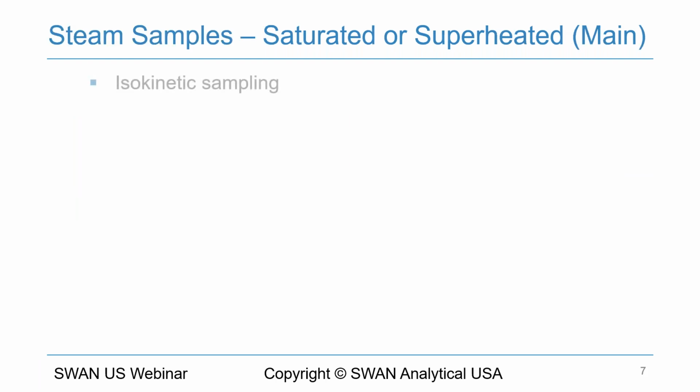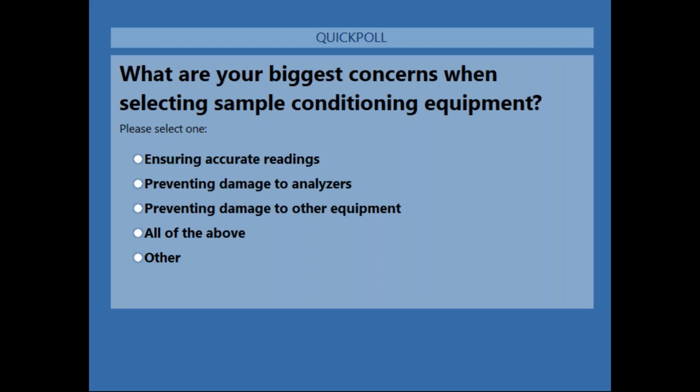So Kevin, I'd like to take a quick break right here and poll our audience on some of the reasons they might be attending today. We'd like to ask you, what are your biggest concerns when selecting sample conditioning equipment? Got a multiple choice here. We'll wait for some folks to click in. You can just click any of those answers and hit enter, and we'll get the results.